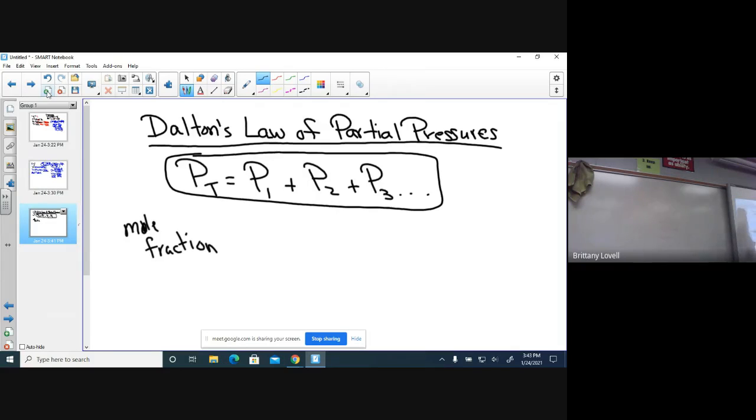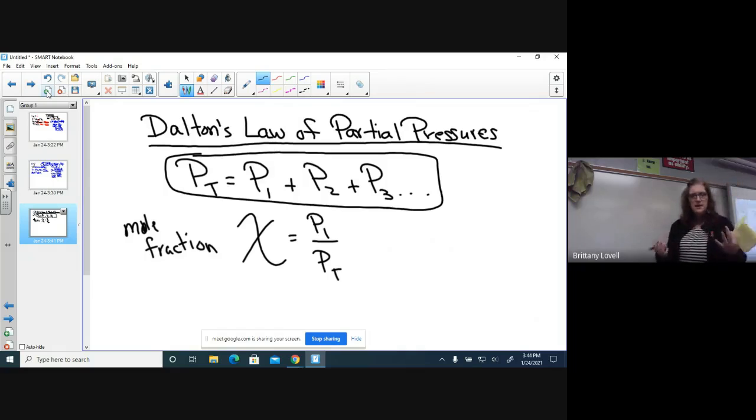Basically, chi, which is a Greek letter, is just going to represent a proportional number. Chi is equal to any gas in the system, so, for example, P1 divided by PT. That's called the chi of that particular pressure.